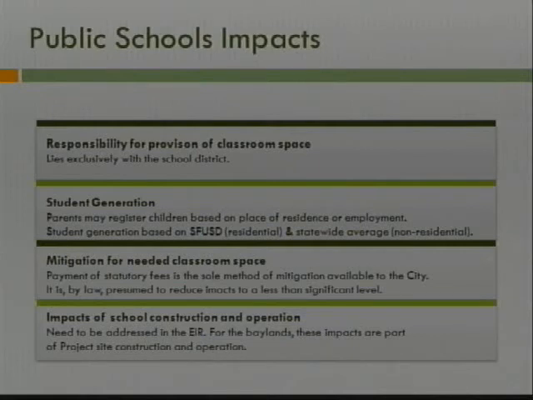But it was also a very convenient way for the state to say, as we institutionalize school fees, we can take fees not only from residential, but if we allow commercial and industrial uses to generate students, then we can have them pay fees. And so in California, we look at both residential uses as well as commercial and industrial uses generating school needs.